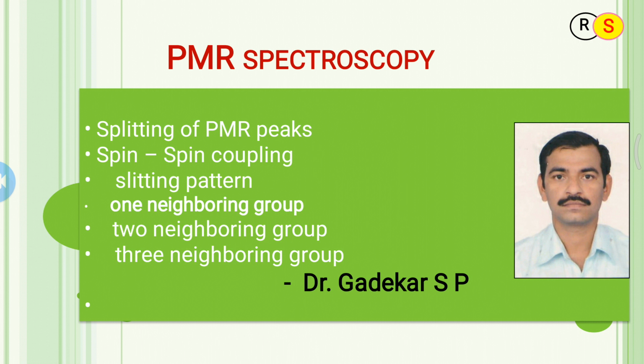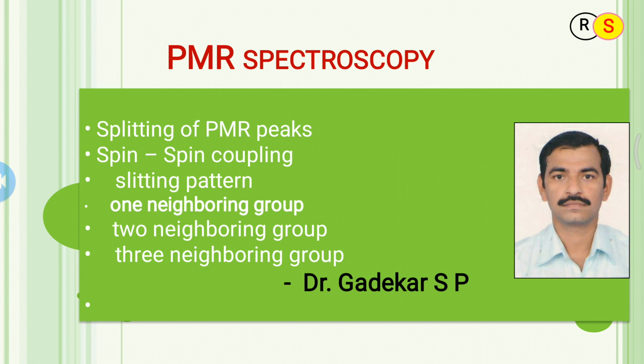Ultimately, as electronegativity increases, deshielding also increases and the delta value, the chemical shift, also increases. On the other hand, as electronegativity decreases, shielding increases and the delta value also decreases. These points were discussed in the last lecture.